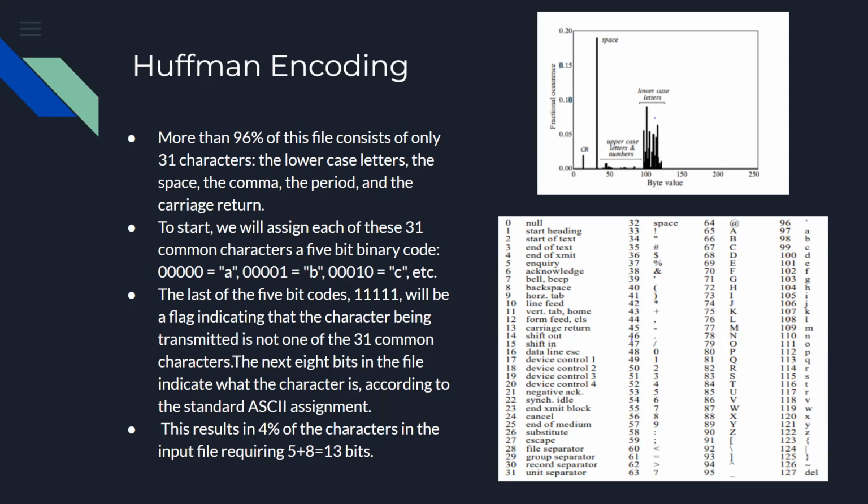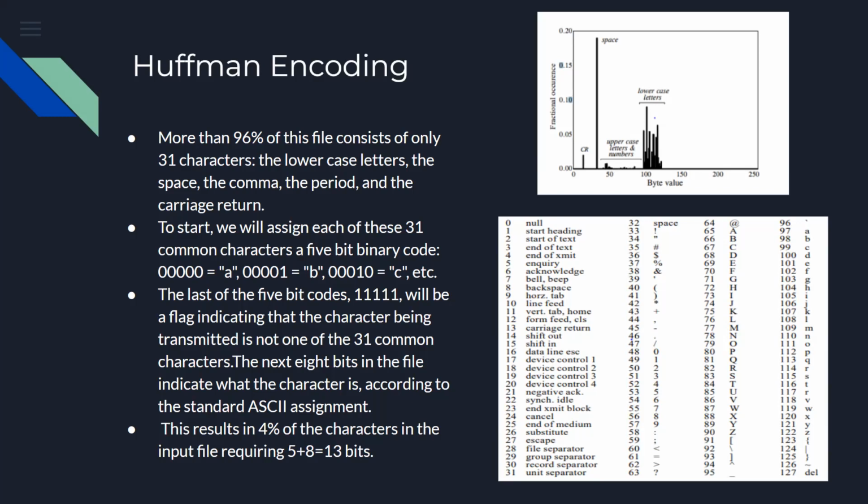According to the ASCII standard, this results in 4% of the characters in the input file requiring a total of 8 plus 5, which is 13 bits. So the idea is to assign frequently used characters fewer bits and seldom used characters more bits. Huffman coding is all about this, and it takes this idea to the extreme.